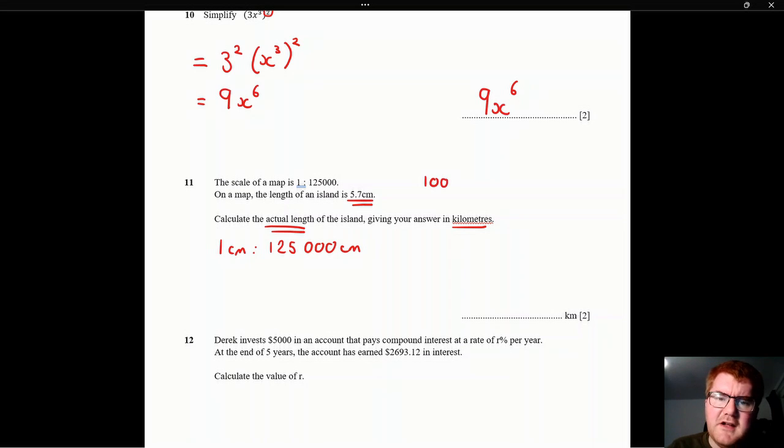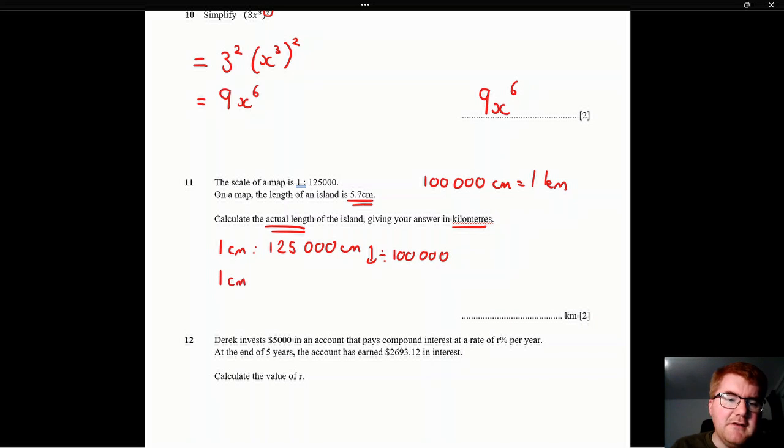Now, this is a nice conversion to remember, particularly in a map scales question: 100,000 centimeters is equal to 1 kilometer. You can build that up from 100 centimeters is equal to a meter, 1,000 meters is a kilometer, so 1,000 times 100 gives you 100,000. So we can actually convert the right hand side into kilometers by just dividing by 100,000.